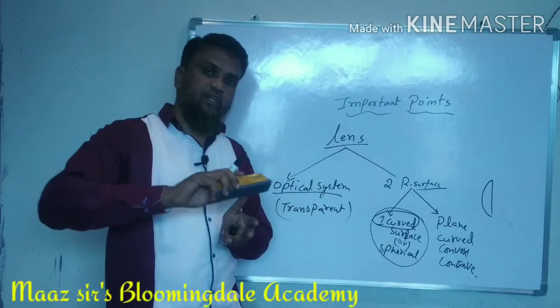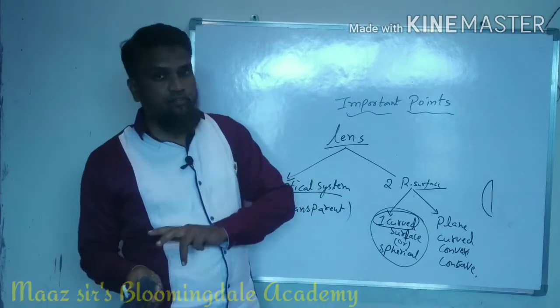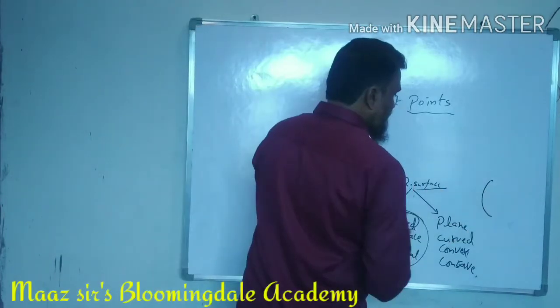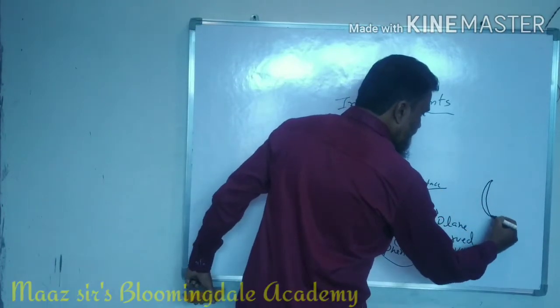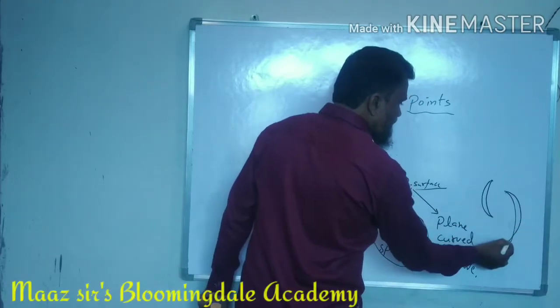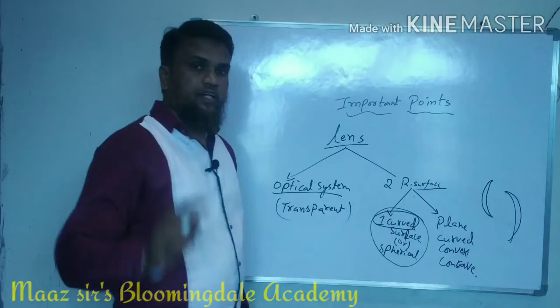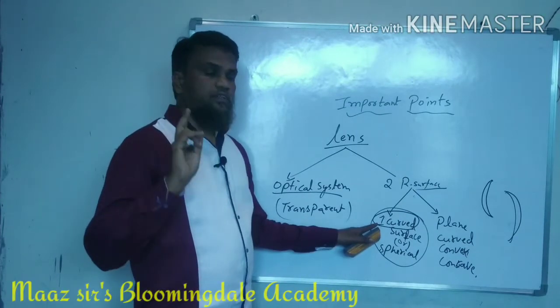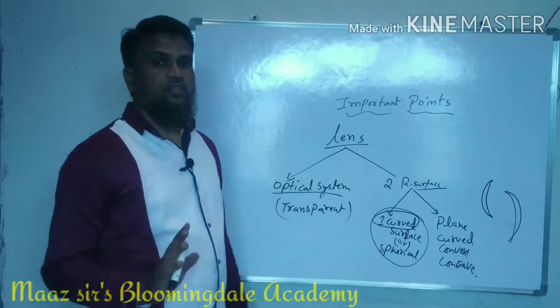Understood? They both can be curved, or one of them can be plane. This is also a lens. So this is also a lens. The criterion is that one surface should be a curved surface. So this is the definition of a lens.